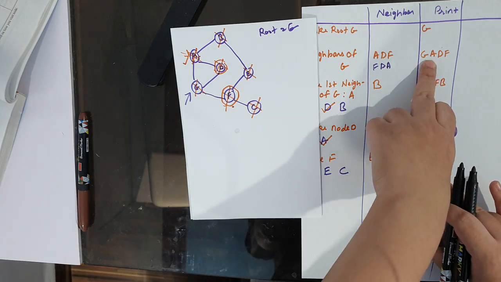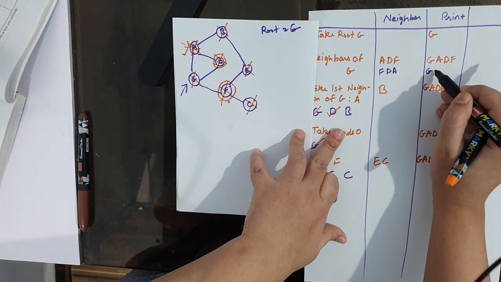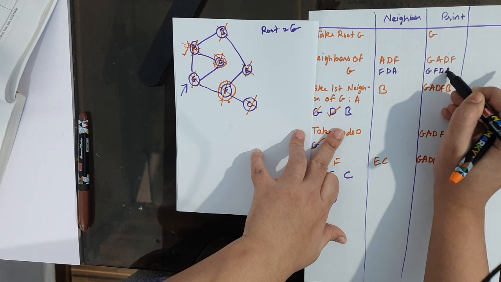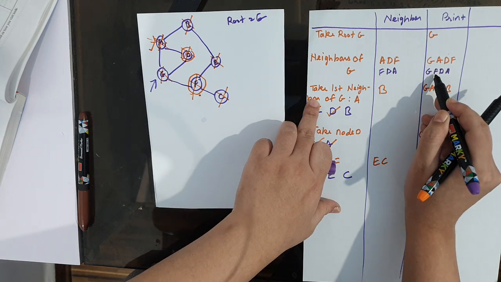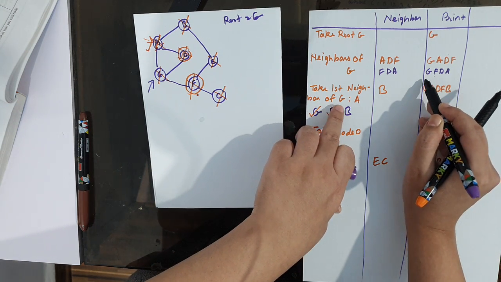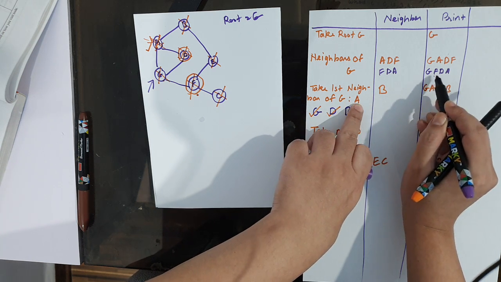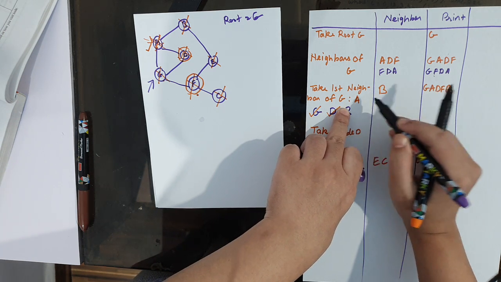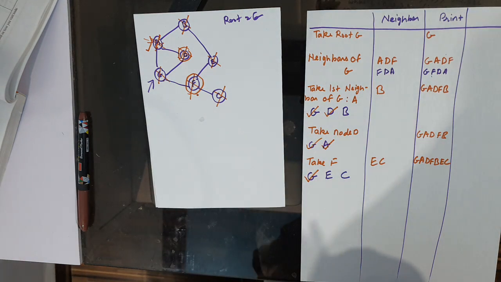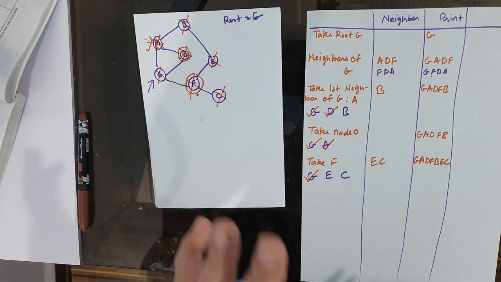Just that while adding over here, it would be G, F, D, A, and we would have considered F as the first neighbor of G instead of A. So it's not required to follow a particular order, you can have your own order.